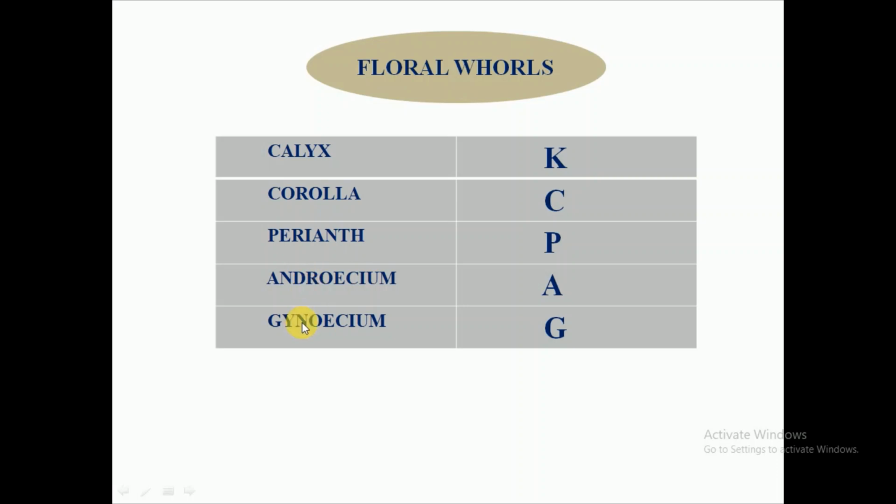I will start reading from bottom towards up, from the inside, from the ovary part or gynoecium, and it sounds like G-A-P, and then C-K. So we can learn it by the two clothing brands, Gap and CK. These are the methods by which you can learn the symbols used in floral formula.